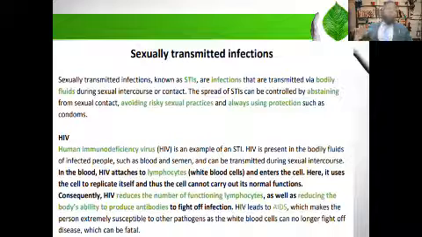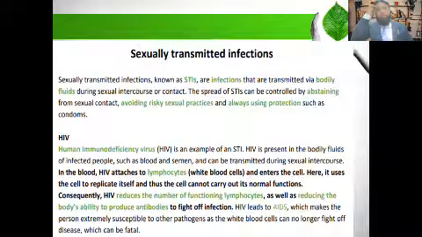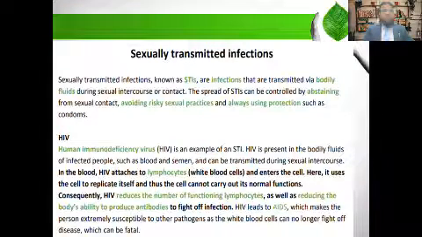So if the number of lymphocytes is reduced, of course the immune system of the person is going to be weaker, and the person is going to have so many infections, with so many pathogens invading the person. So this condition is named AIDS, acquired immunodeficiency syndrome, because syndrome means a collection of infections.